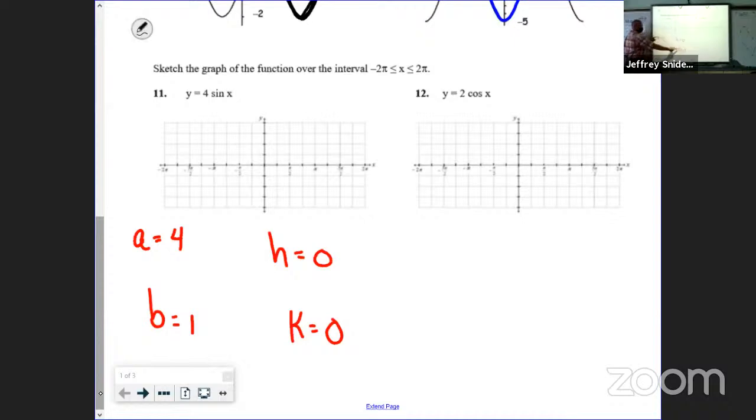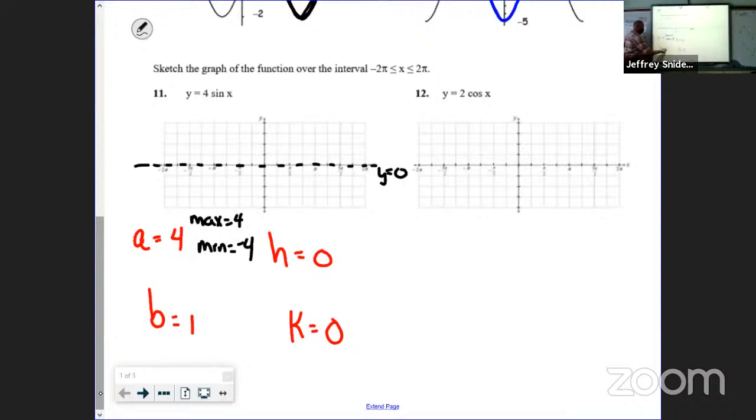So using these, if the midline is right here, if that's my midline at y equals 0, that's this thing, my max then is going to be 4 above that and 4 below it. So my max is going to be a 4 and my minimum is going to be a -4. All right? So that's what these two are telling me.